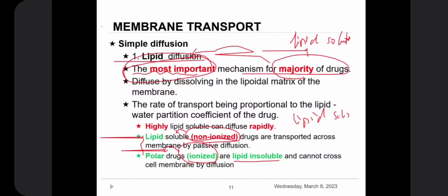So the second factor that influences lipid diffusion is polarity. It depends on whether most of the drug is in ionized or non-ionized form. If a drug is non-ionized, it crosses the membrane more easily. Okay, this is about lipid diffusion.